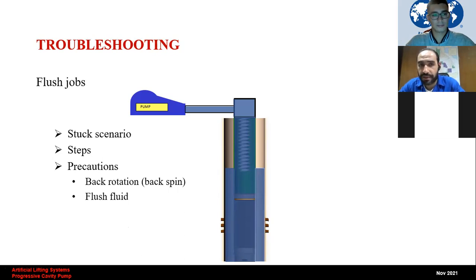Once you achieve that, a very high backspin speed should be expected. So be cautious, protect your equipment and personnel. Some devices can be used to control the backspin speed. And as I said, with the flush fluid, you must take care about the type of fluid you are pumping.